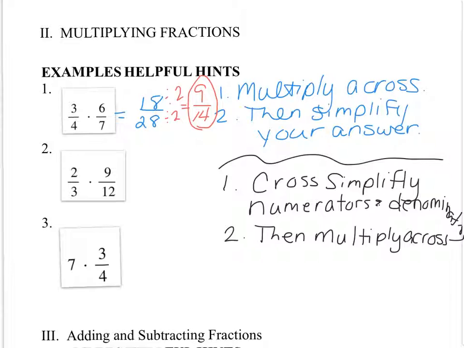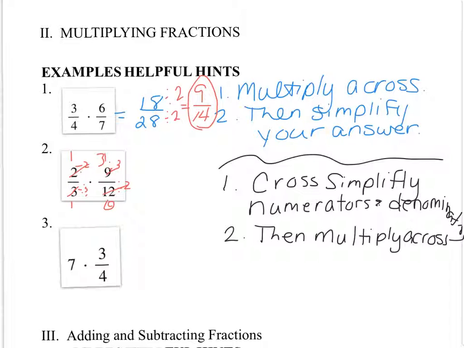So in number 2, I can simplify across because 3 simplifies into 9. So 3 divided by 3 is 1. Oops, that didn't write. And 9 divided by 3 is 3. 2 divided by 2 is 1. 12 divided by 2 is 6.